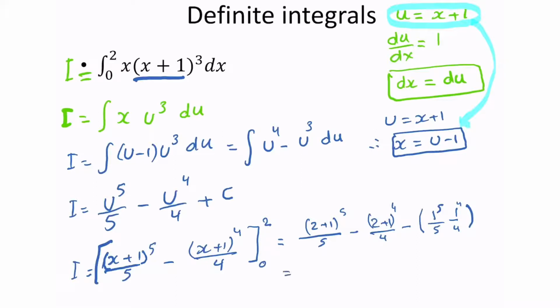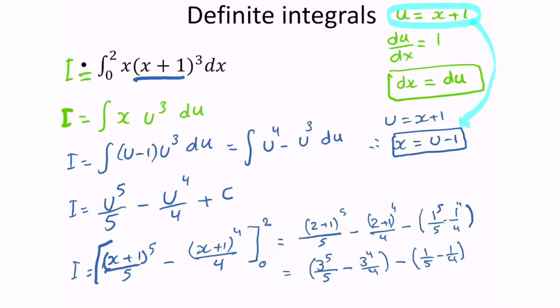And basically this is going to be 3 to the power 5 over 5 minus 3 to the power 4 over 4 minus 1 over 5 minus 1 over 4.